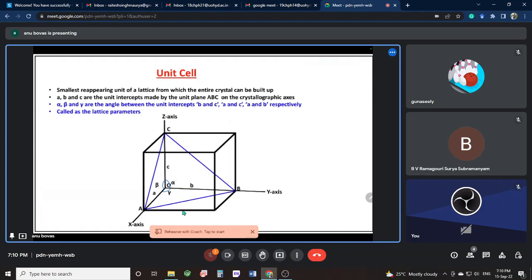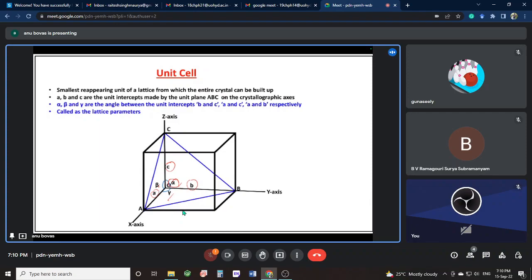And alpha is the angle between b and c, beta is the angle between a and c, and gamma is the angle between a and b. So these 6 parameters a, b, c, alpha, beta, gamma are called lattice parameters, and with the help of these 6 parameters we can define any unit cell, any crystal system.